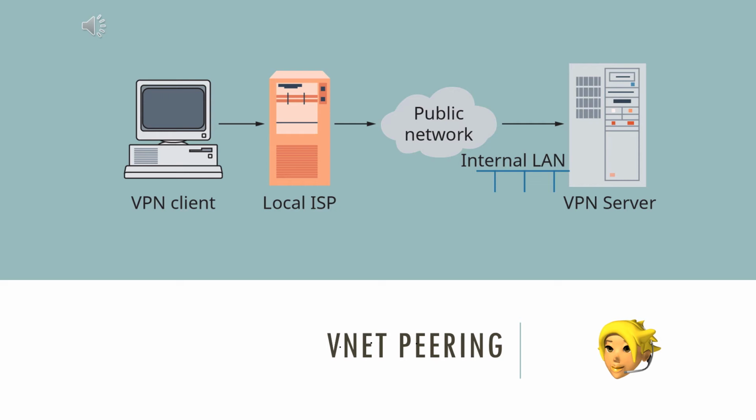Now ARM template, that is a JavaScript Object Notation, a JSON file that defines one or more resources to deploy to a resource group, subscription, management group or the tenant, and the template can be used to deploy these resources consistently and repeatedly. That is your ARM template.